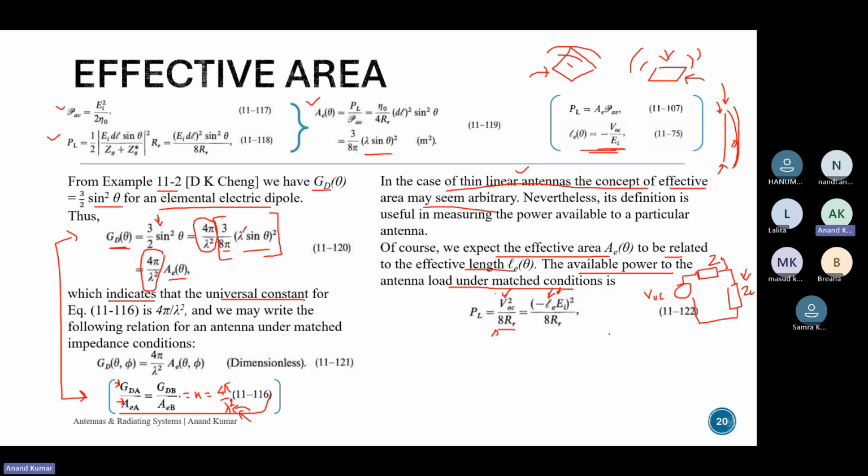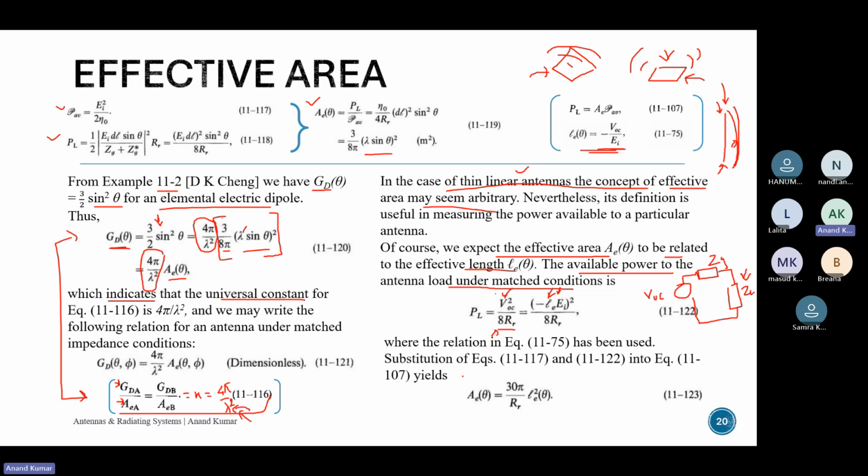We can substitute that, and this gives us a relationship between the effective area and the effective length. This is also a very useful expression. So the effective area is 30 pi upon the radiation resistance times the effective length square.